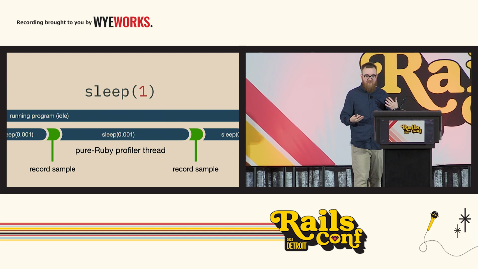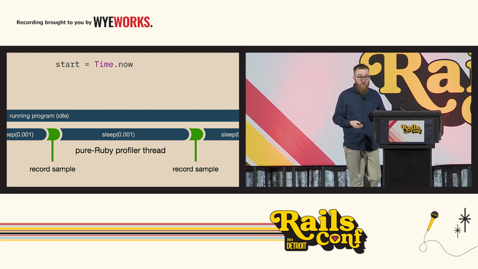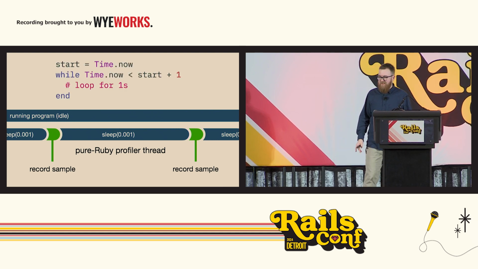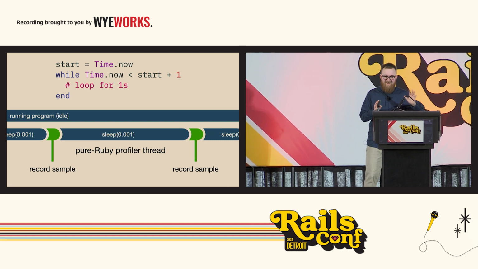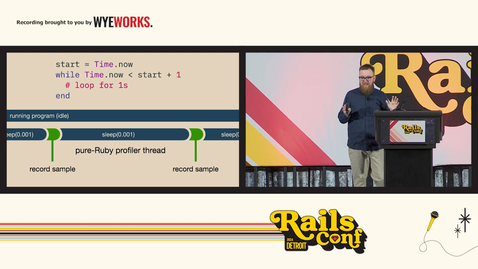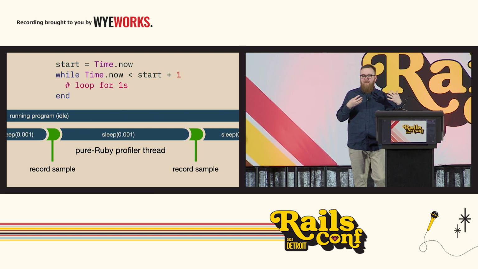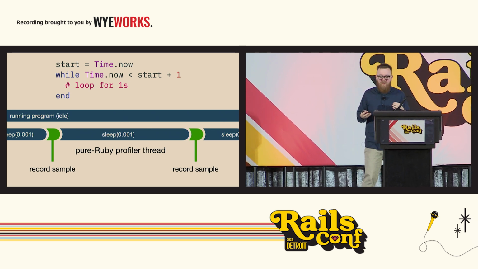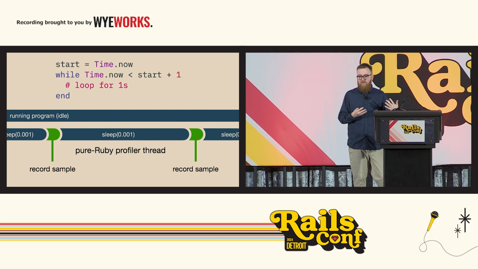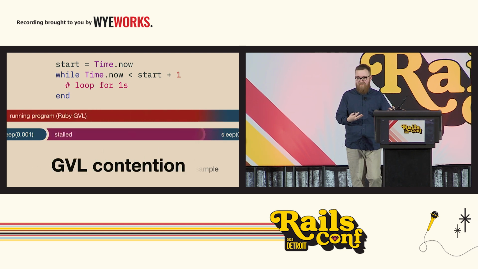But if we measure something a little more complicated, or in this case, intentionally bad, here I have a program which also takes 1 second to run, but instead of sleeping, it just loops until 1 whole second has passed. And if we try to profile this with our pure Ruby profiler, we won't get those 1,000 samples.